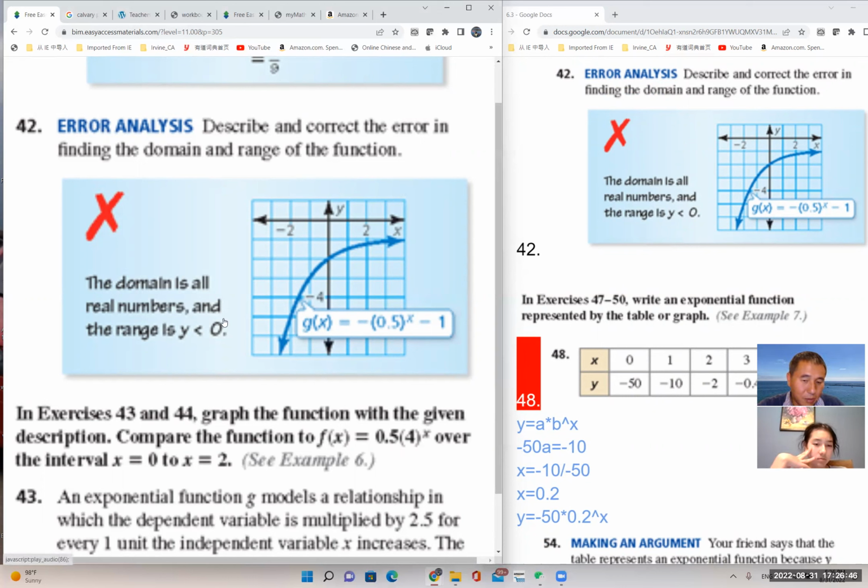Domain is all real numbers, and the range is y less than 0. Would it be that? Yeah. Not 0. Yeah, this time you are correct.